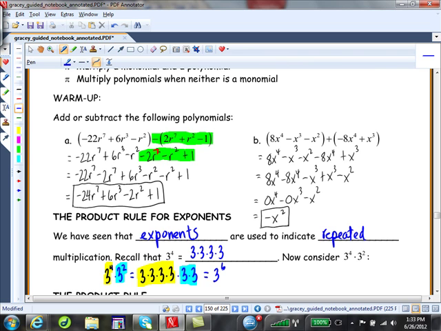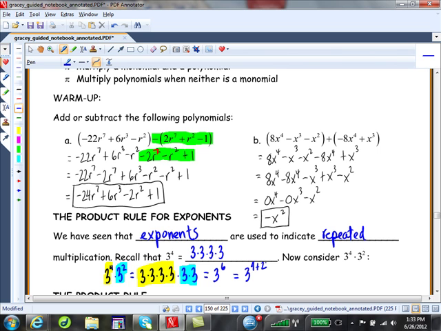But now we want to generate a rule here. We see that this is 3 multiplied to itself 6 times. But look at this. Do you see that this is also equivalent to 3 to the 4 plus 2? Do you see how we could add exponents when we're multiplying like bases?